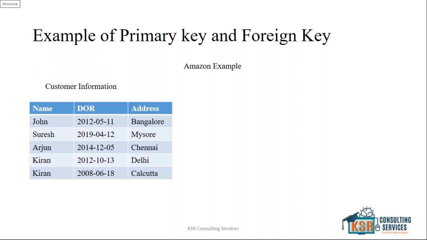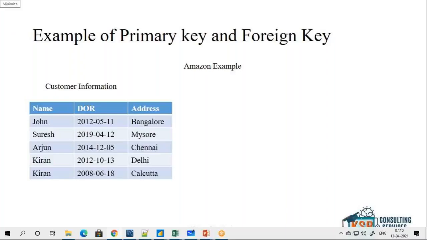DOR stands for date of registration with Amazon, and then the location they are from, which is basically the address: is from Bangalore, is from Mysore, is from Chennai. So the complete information is coming from the Amazon table. To be more specific, I will show you one thing.